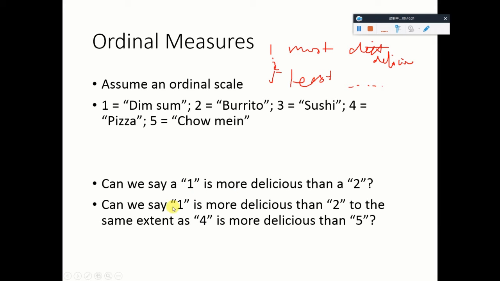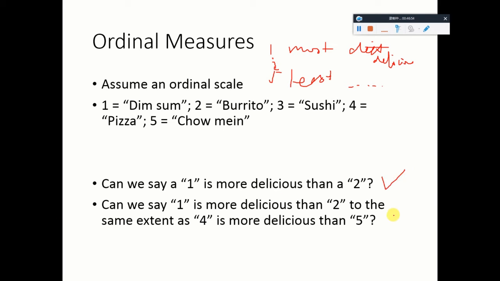But can we say that 1 is more delicious than a 2 to the same degree as 4 is more delicious than 5? Can we say that? Think about it. The answer is no.